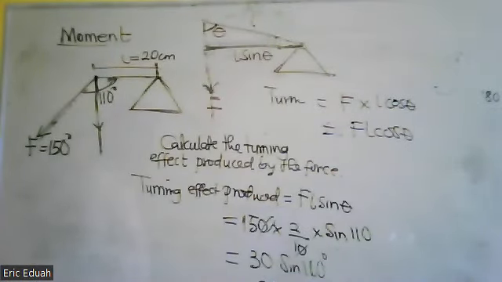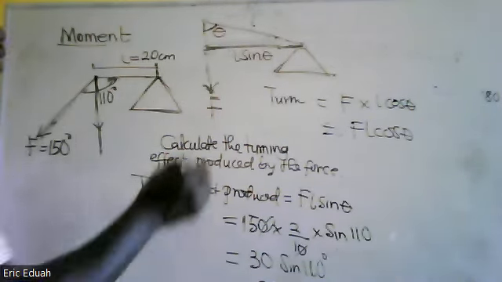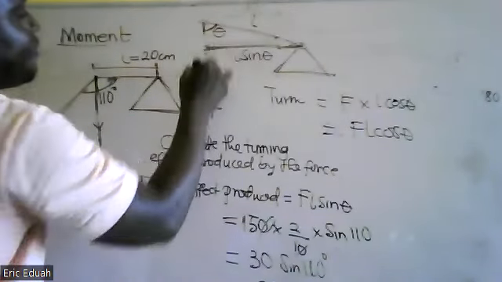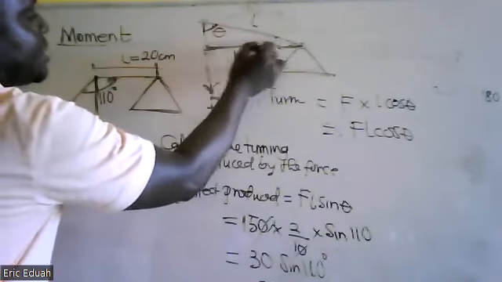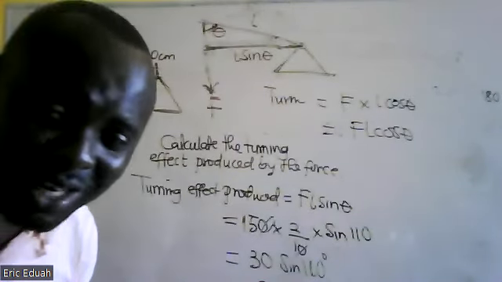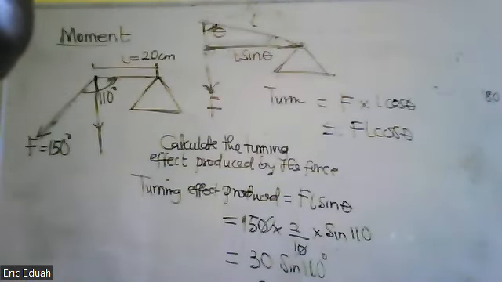Are we fine? So here, what have they given? They have given you the angle between the length of the rod and the force, L sine theta. So if they give you this or that, don't let them deceive you. Wherever they take you, you have to catch them.